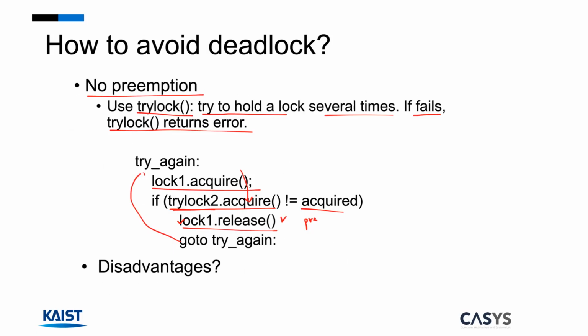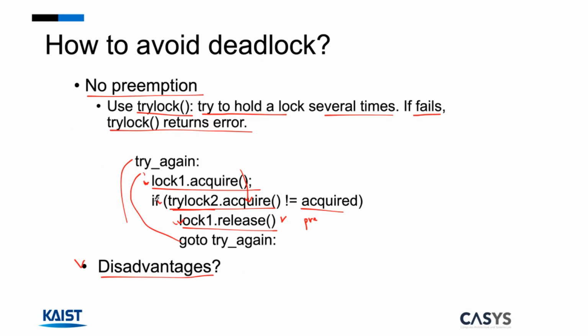What are the disadvantages of this approach? Can you guess the disadvantage of this try lock approach? Sometimes this try lock does not make progress. You always try to hold a lock, but try lock fails, release, go again.